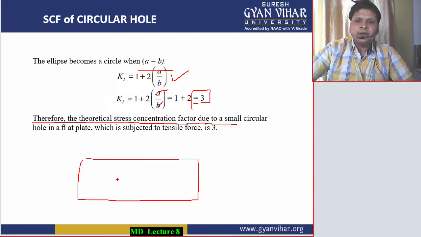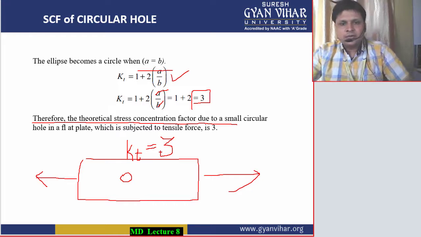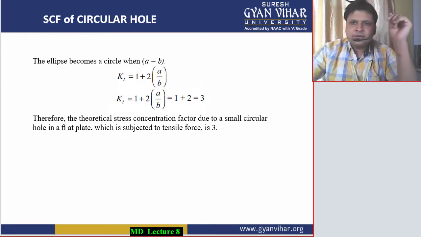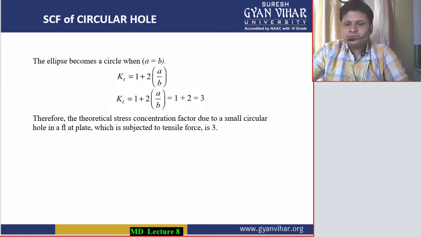Means if this is the plate with a small hole in it, and the load acting on this plate is tensile, then the Kt value is equal to 3. So this was the stress concentration factor value for a hole.